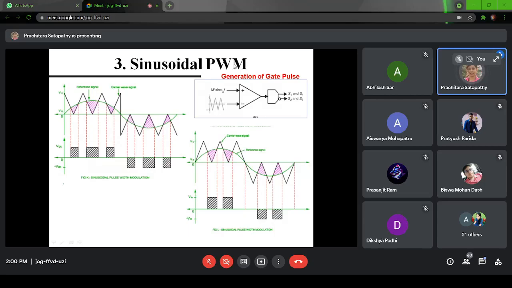So modulation method, do you know what is modulation? How many signals are present in a modulation technique? Already you have studied in physics amplitude modulation, frequency modulation. Yes or no? Yes, ma'am. So tell me how many signals are present. Let it be amplitude modulation.